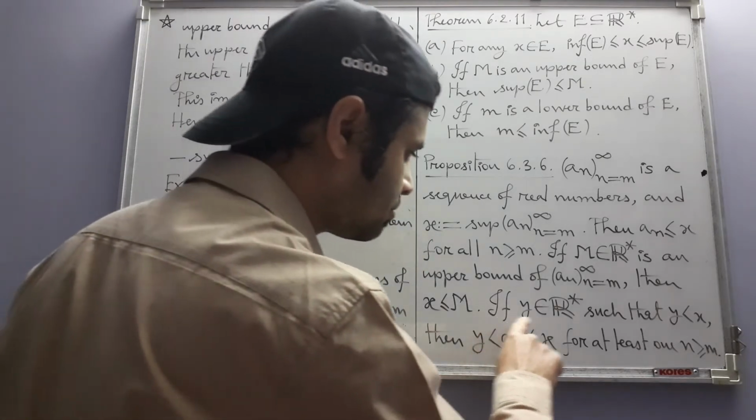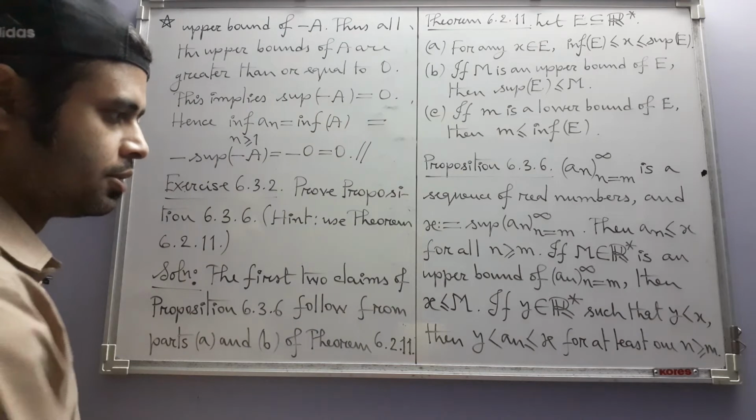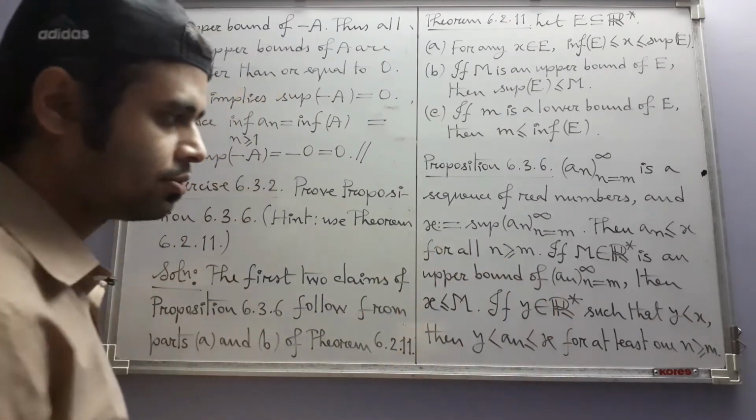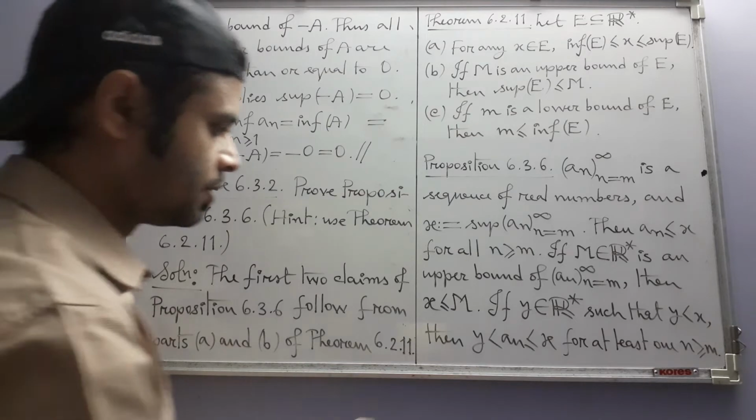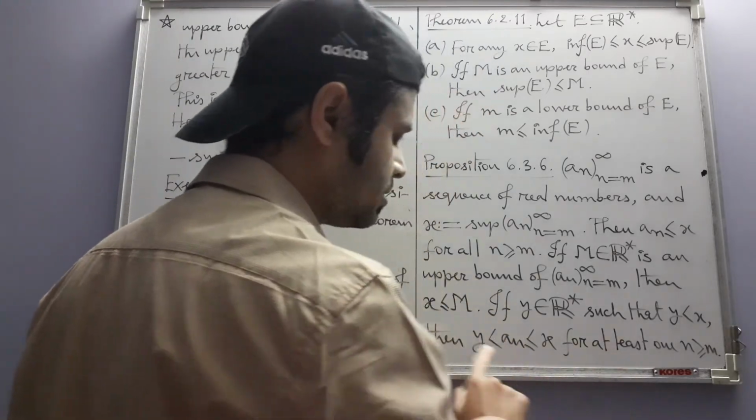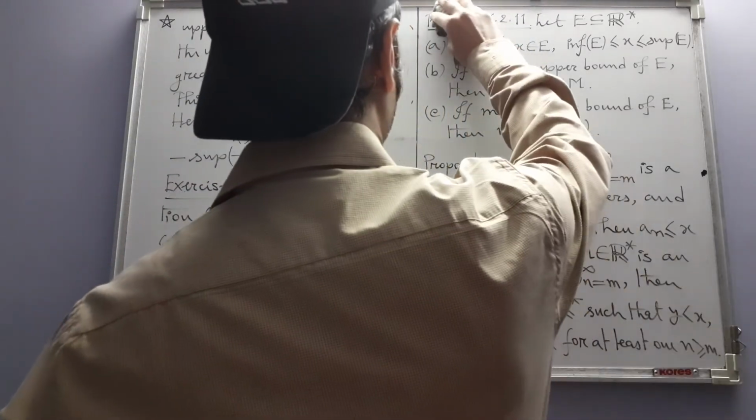Now we need to prove the last part. So we now have y belonging to R star such that y is less than x. We then have to prove that this happens. Okay, so let us see.